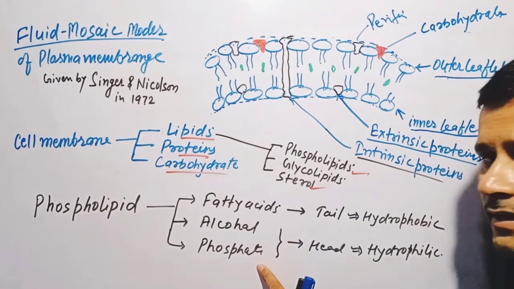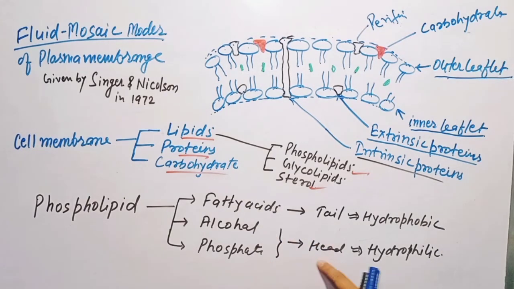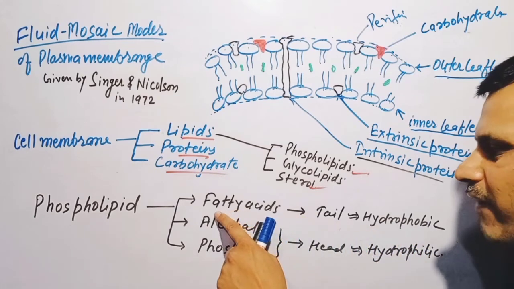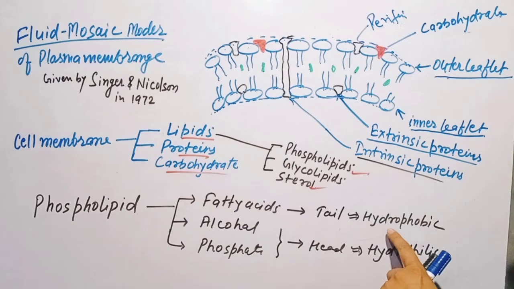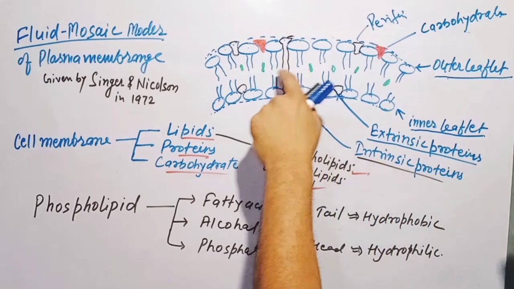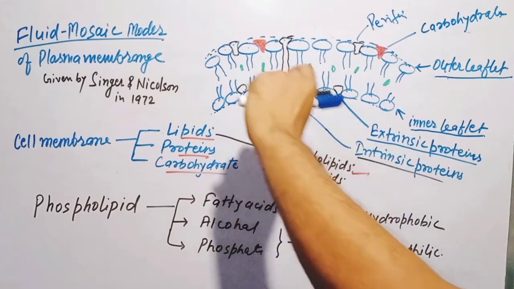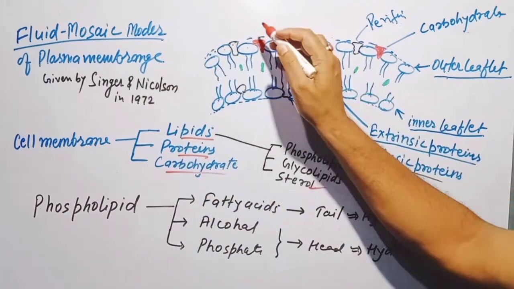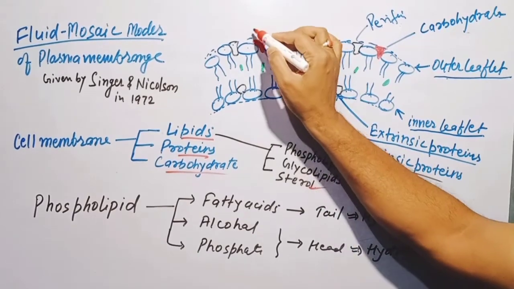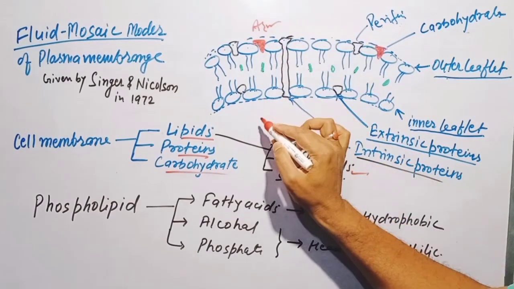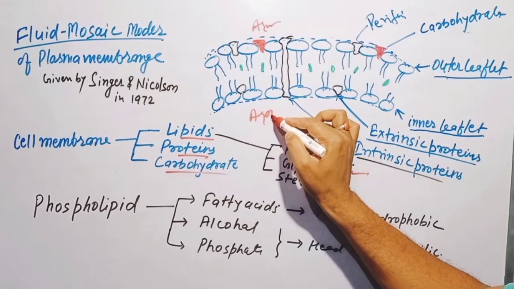The alcohol and phosphate group constitute the head part, which is hydrophilic, and the fatty acid constitutes the tail part, which is hydrophobic. The hydrophobic nature of the tail and hydrophilic nature of the head correlate with the outer and inner environment. That means this one is aqueous and this environment is also aqueous.